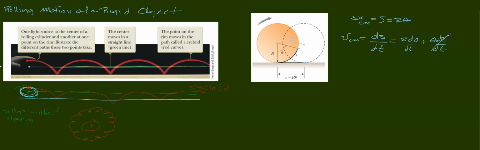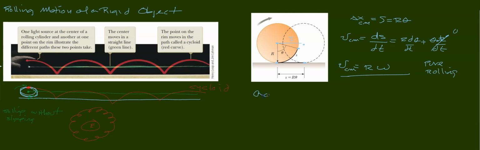But the radius is not changing, so this is 0. So the velocity of the center of mass is r times d theta over dt, that's omega, right? If we only look at the magnitude, the speed of the center of mass is r omega. And this happens when you have a condition called pure rolling. Pure rolling, again, is when there is no slipping, right? I'll demonstrate this in class.